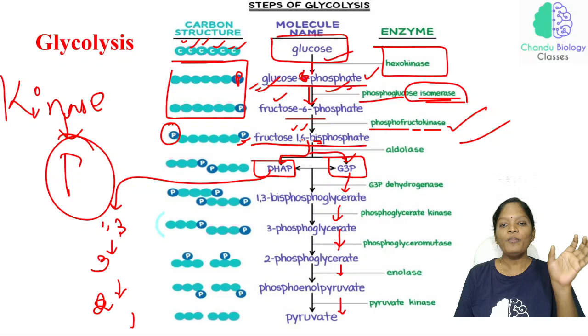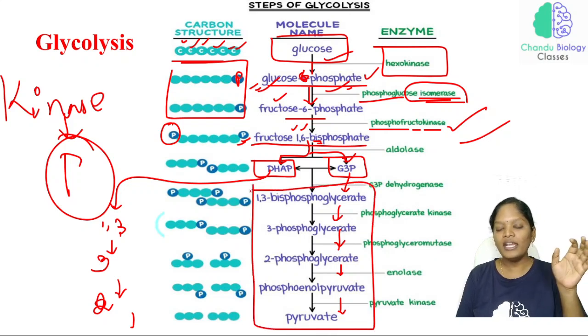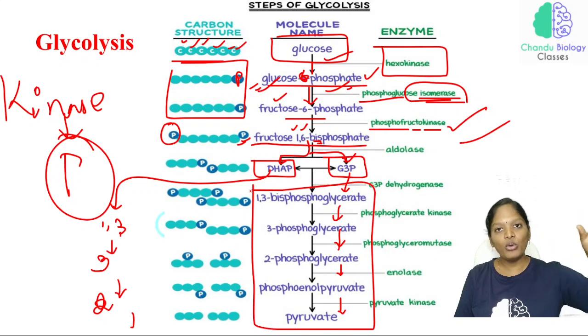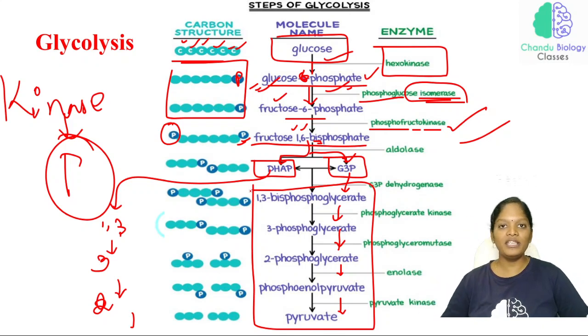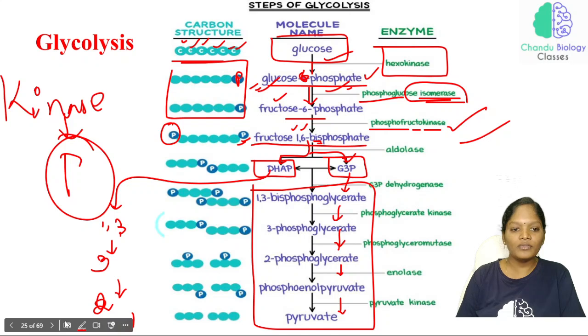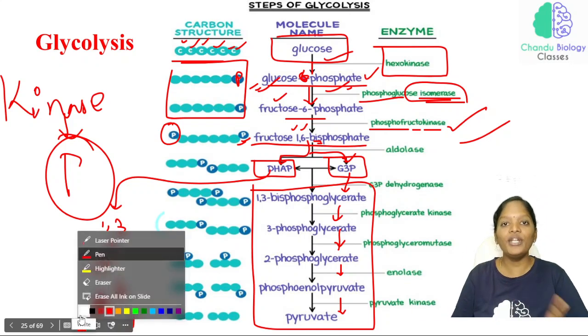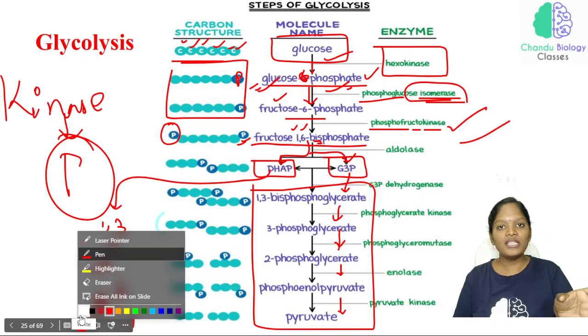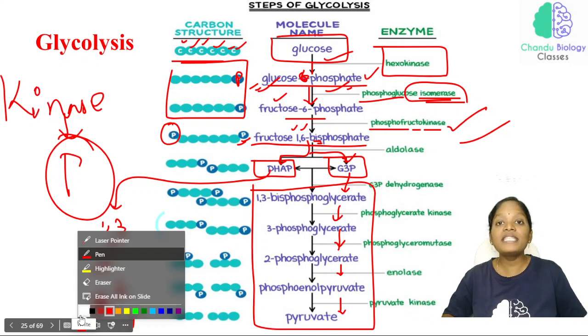What you are seeing here is that the conversion happens for dihydroxyacetone phosphate separately and for glyceraldehyde 3-phosphate separately. So this will be common for both. Don't think both are combining to produce the sequence. No, it is not. Dihydroxyacetone phosphate is converting like this, and glyceraldehyde 3-phosphate is also converting like this, in a separate manner.